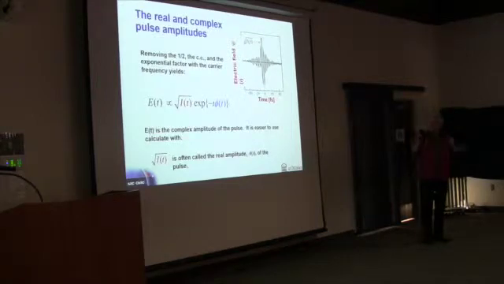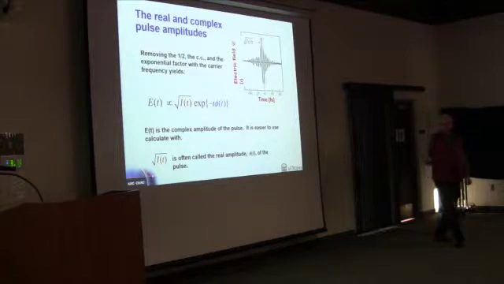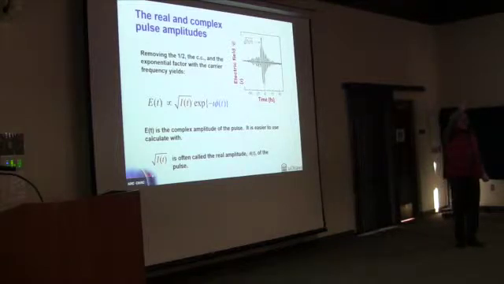It's very convenient to separate off the average carrier frequency, e to the i omega t, and just take it outside, and be left then with the field as being proportional to the square root of the intensity structure, called the envelope, and a phase structure, which is a correction to the e to the i omega t.